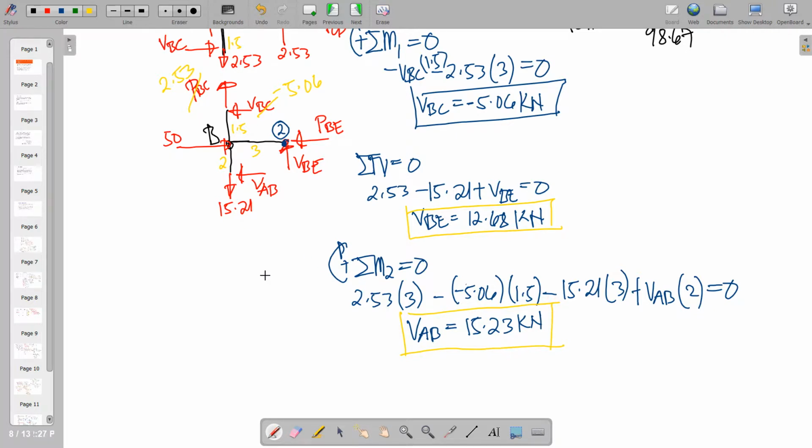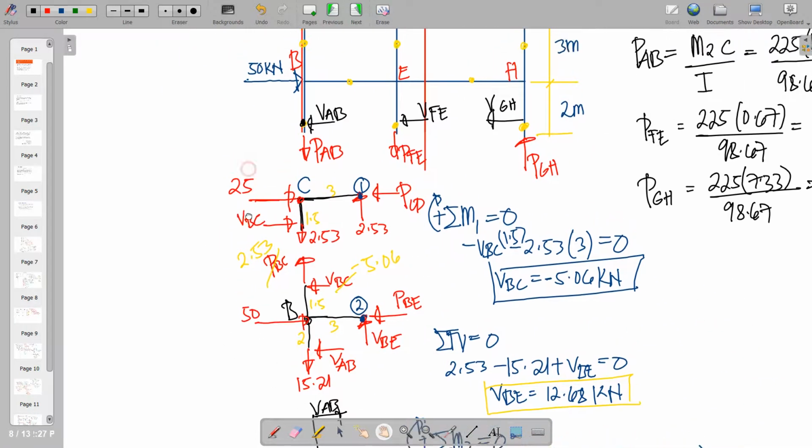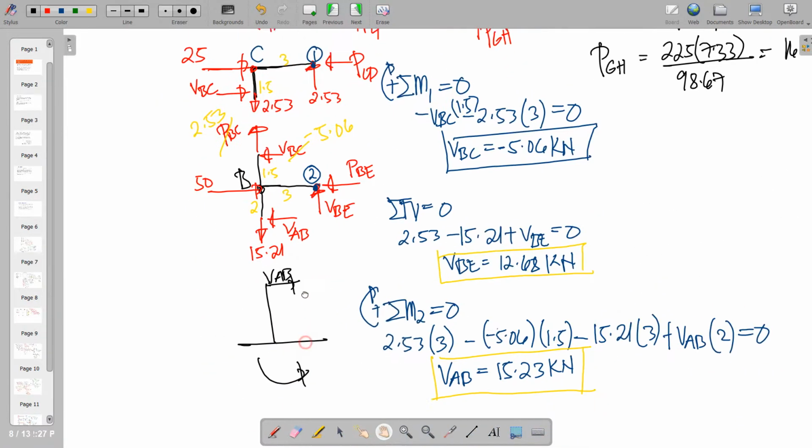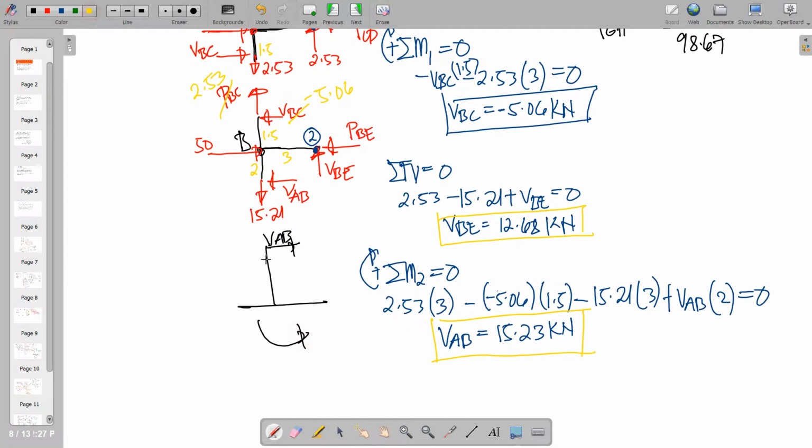So if we know VAB, we can already determine the moment at A. So this is VAB. So all we need is the distance, 2 meters.